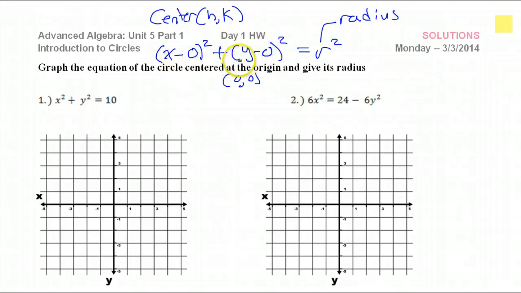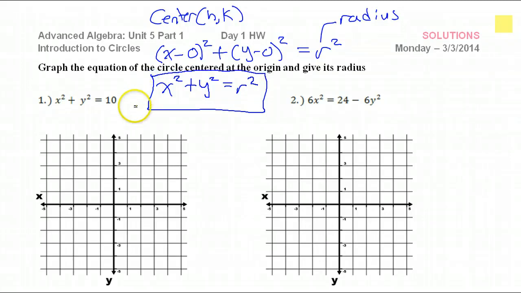Would I really even need to put those zeros? Or would this become x squared plus y squared equals radius squared? So this is the form of the circle equation that we'll be using today because all of our circles will have center (0, 0).